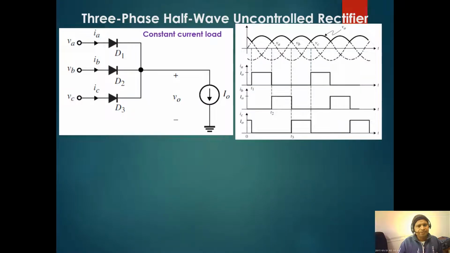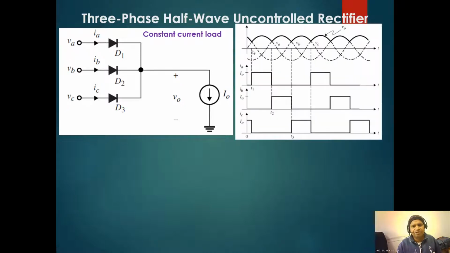Now if we see a constant current load, with three-phase VA, VB, VC and a constant current, that means at any time one device must be on, because it is a constant current load. At this point, I told you this is your natural commutation point. After that, VAN is having higher voltage.